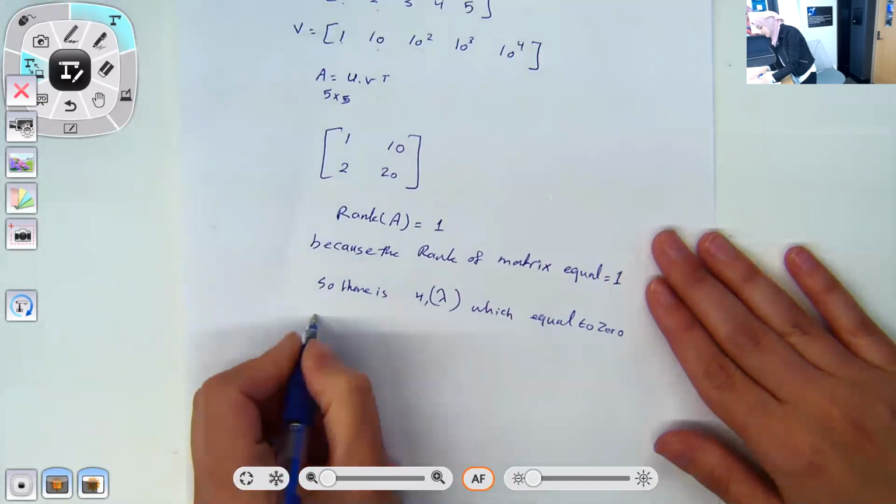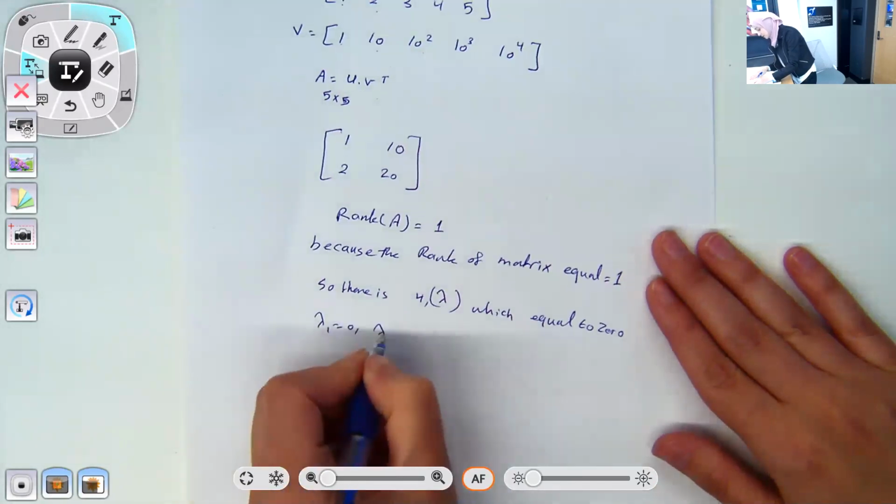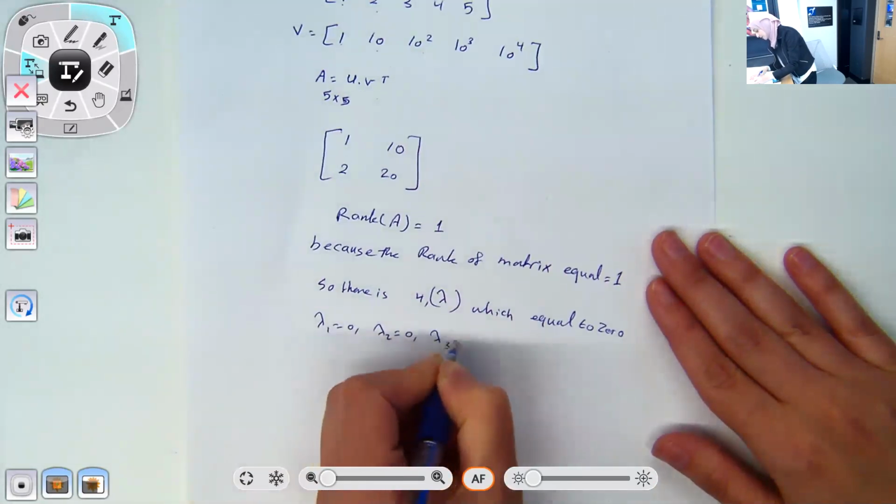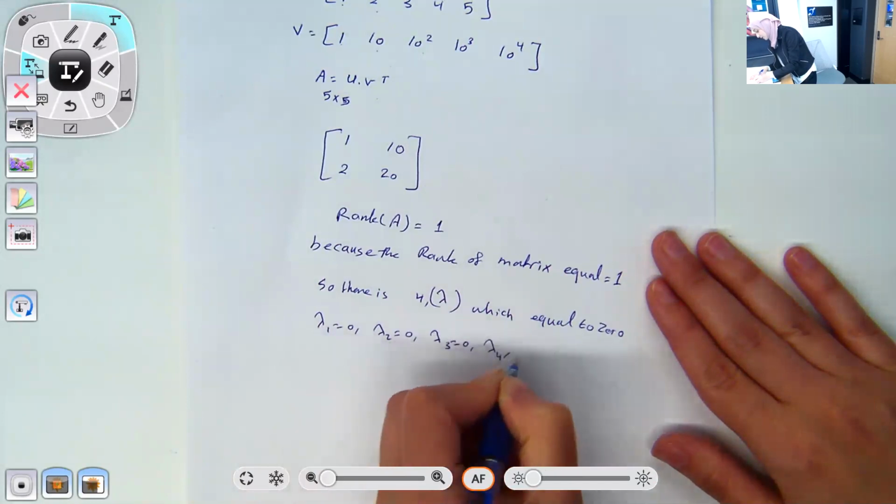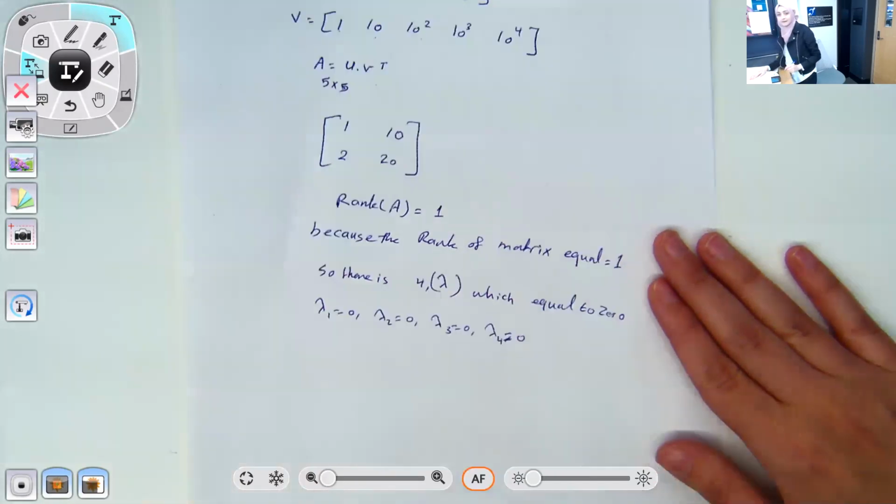So we have lambda 1 equals 0, lambda 2 equals 0, lambda 3 equals 0, and lambda 4 equals 0.